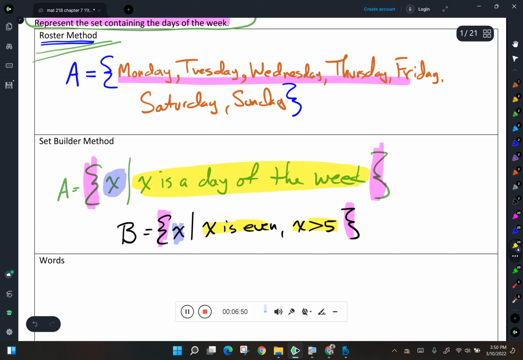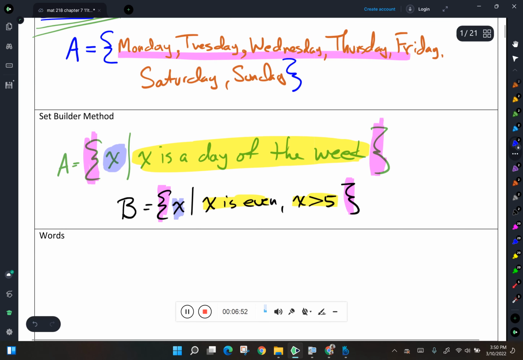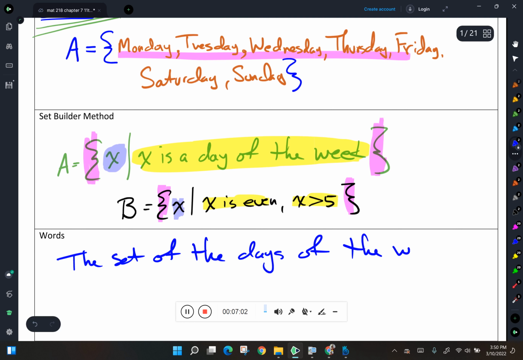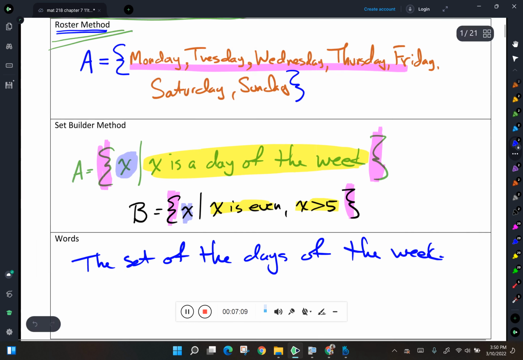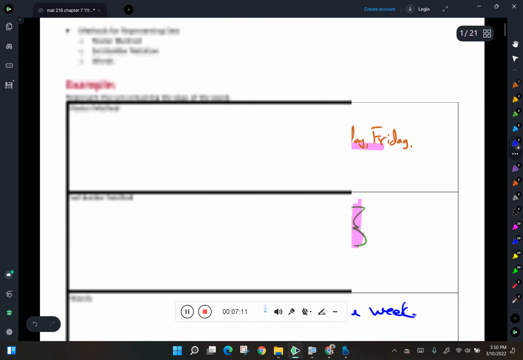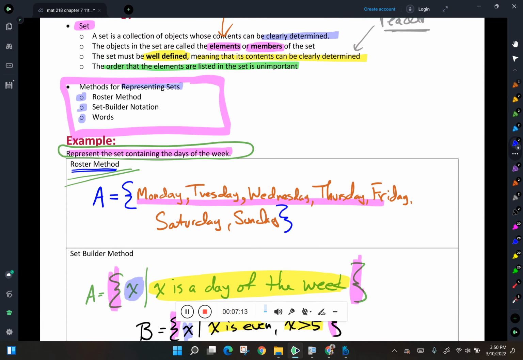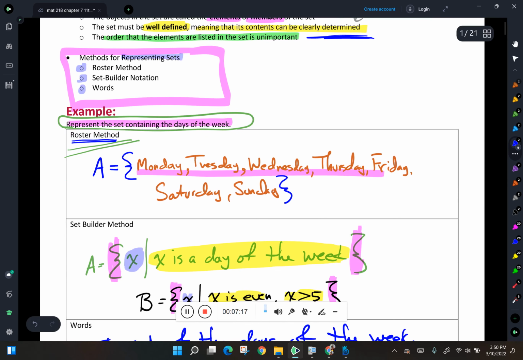And then words. Well, words for the set containing the days of the week would be the set of the days of the week. Just literally using words, right? Now, to meet the requirement of a set being clearly defined, or well-defined, roster method is great, right?